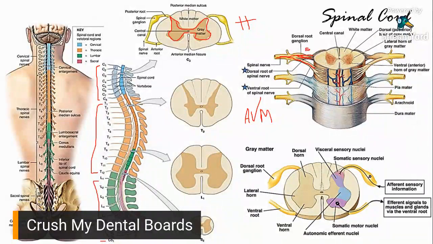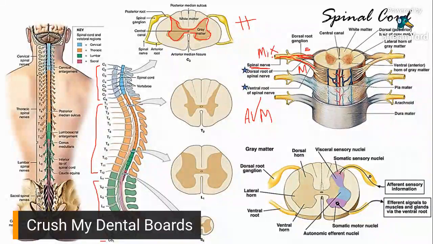This is a sensory nerve. This is a motor nerve. Now, the spinal nerve that comes out of it is actually what? This is a mixed nerve. Okay? So this is sensory, this is motor. They join together, so the spinal nerve is a mixed type of a nerve. Okay? Mixed type ang spinal nerve.